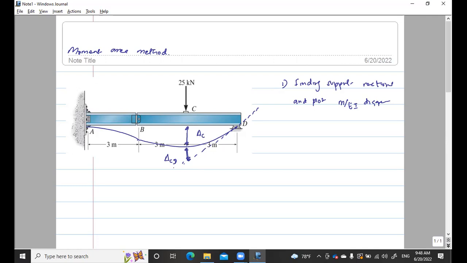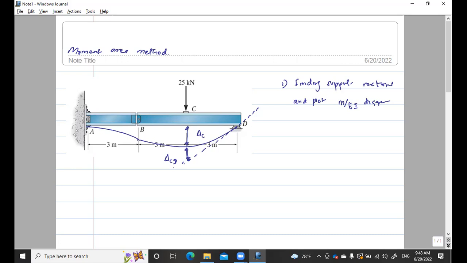So we can take a moment from C to D, and that will be a tangential deviation. Tangential deviation is the distance from the deformed position to the tangent of the corresponding point. So delta CD we can find.